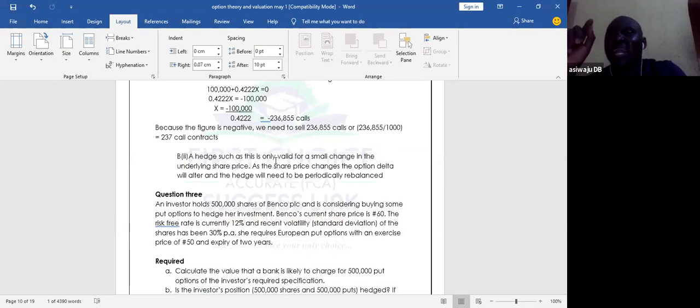That underlying asset could be financially traded assets, your stocks, your shares. The two questions we have solved are regarded as financially traded assets.